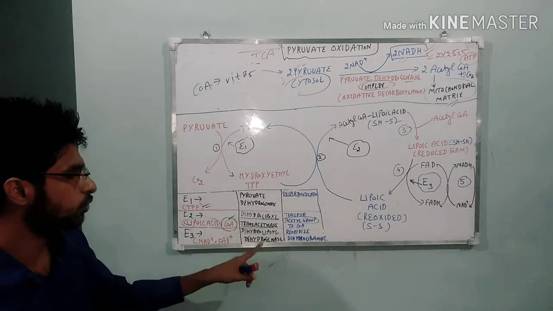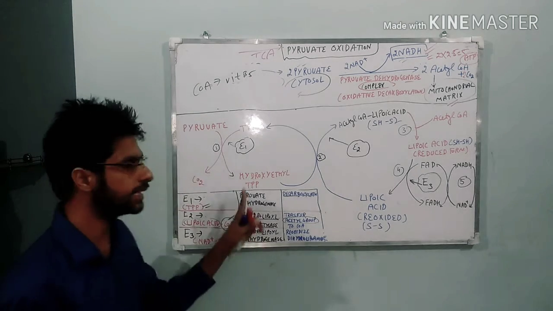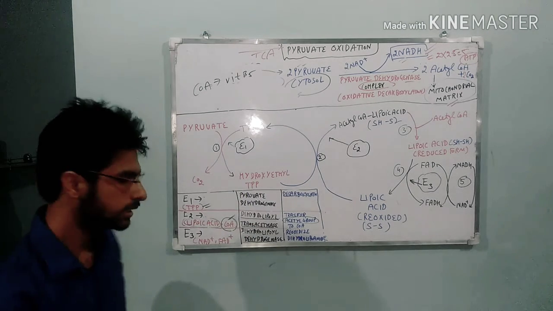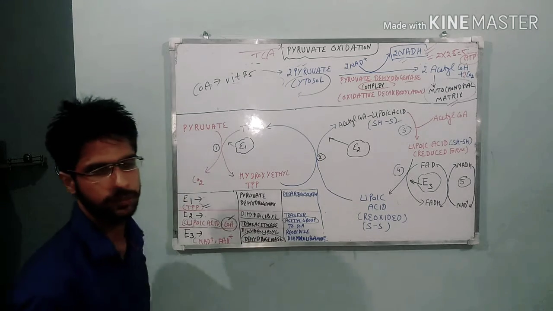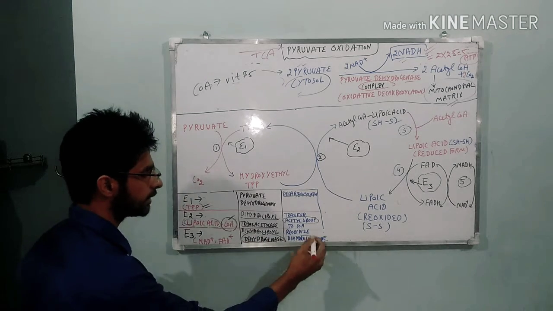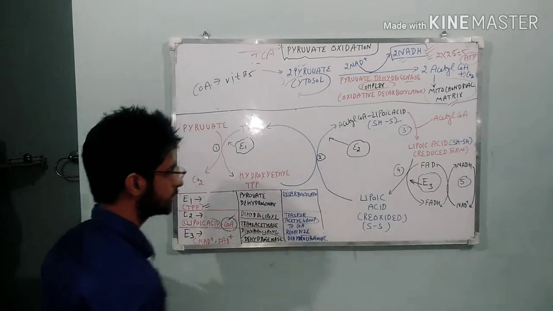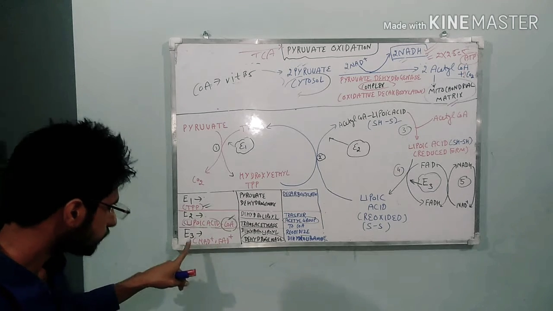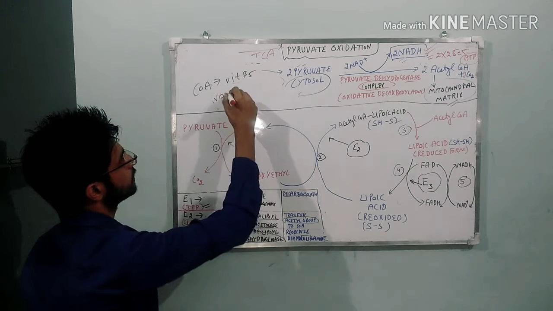The same kind of reaction happens there: oxidation is going on. Dehydrogenase means hydrogen is getting removed or oxygen is added. So dihydrolipoyl dehydrogenase reoxidizes the dihydrolipoamide, and you are going to see how it is reoxidized. Now, coming to the coenzymes, they are NAD positive and FAD positive.